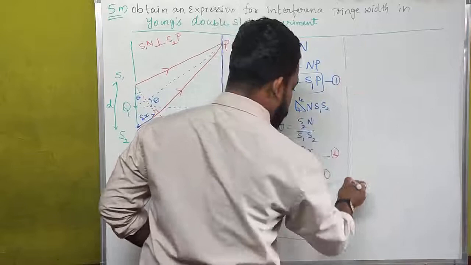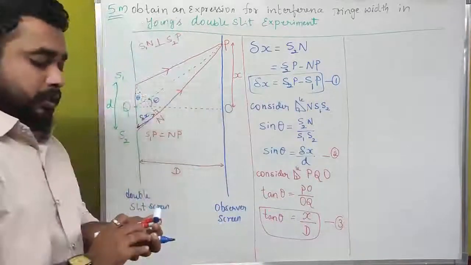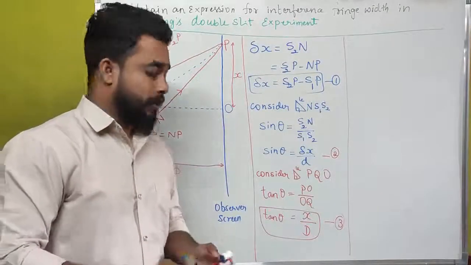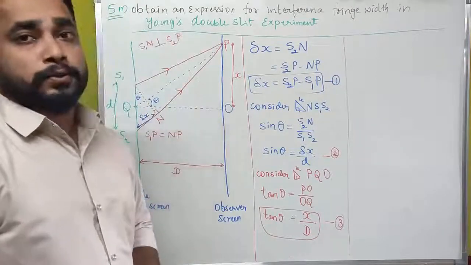Now we have to consider small angles in trigonometric functions. What is the expression for small angles?